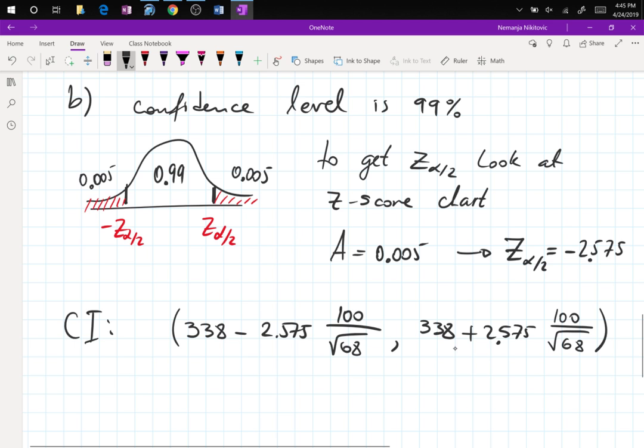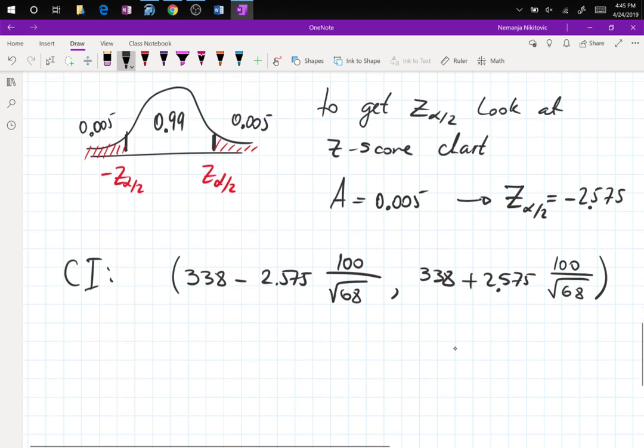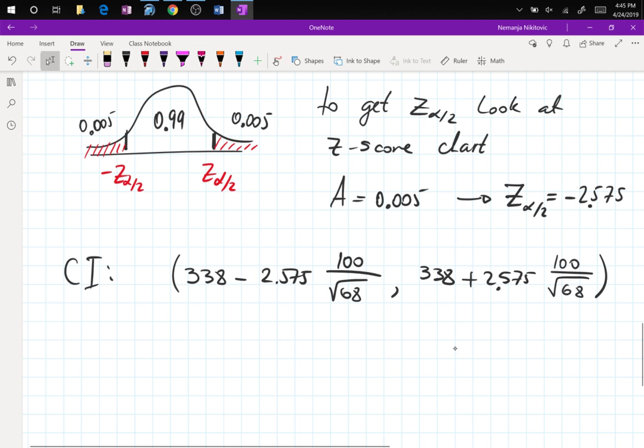So this is our confidence interval, and again, you punch all of this into a calculator. I said minus 2.57.